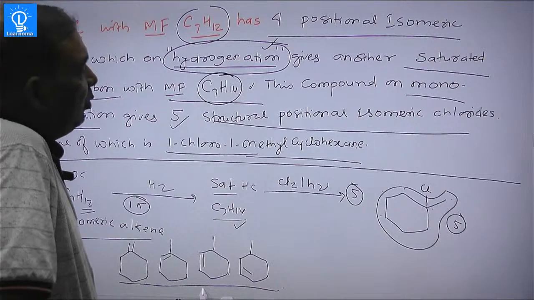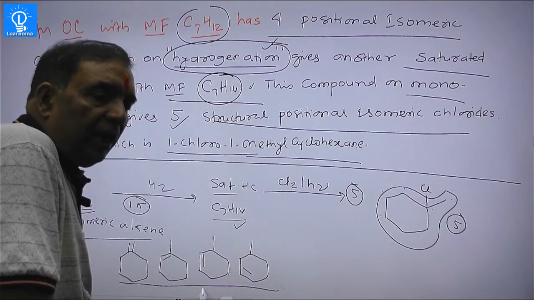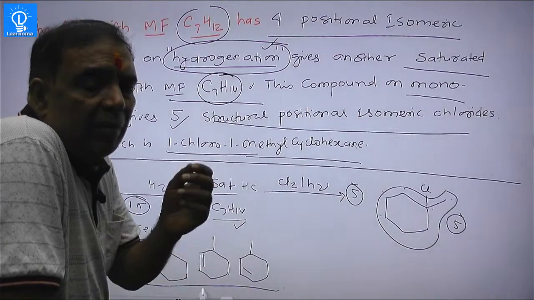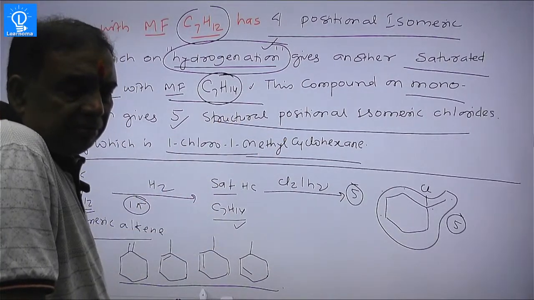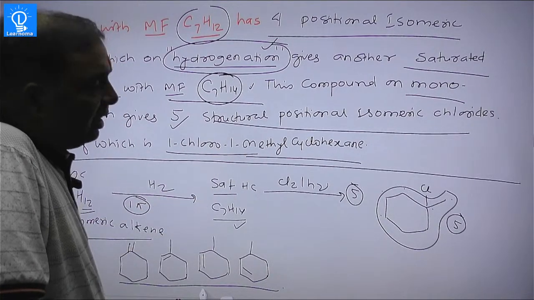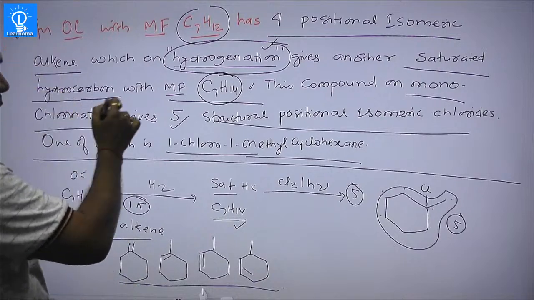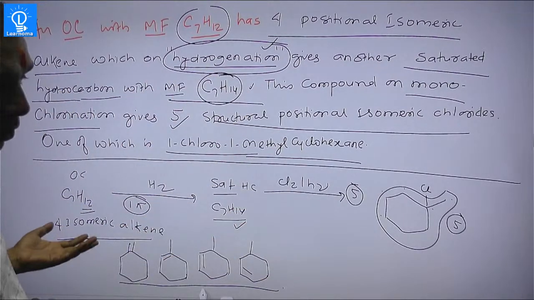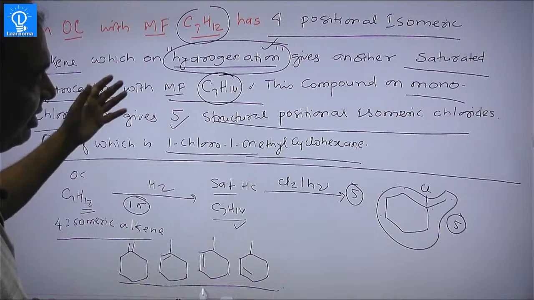We the people at Kota have developed this chapter in such a way that any layman can solve these questions very simply. That is the beauty of this part. Hydrogenation. Is this a simple question? No, it is not a simple question. But the concept is very simple.